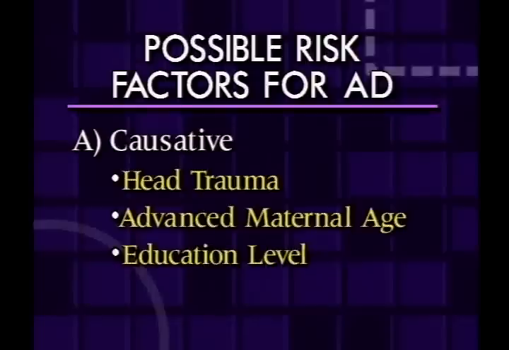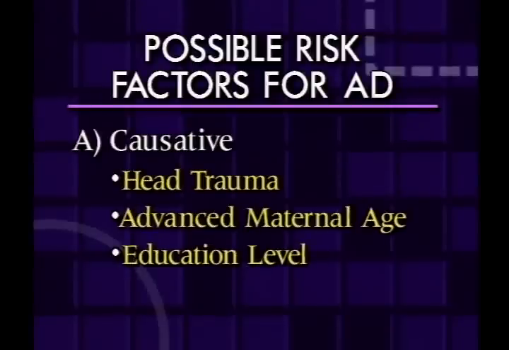What are some possible risk factors for Alzheimer's disease? Well, in the causative column, head trauma may be associated with Alzheimer's disease, as well as advanced maternal age. In other words, the older your mother is, the slightly higher chance you have for developing Alzheimer's.